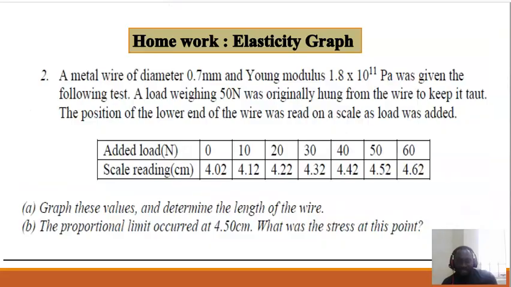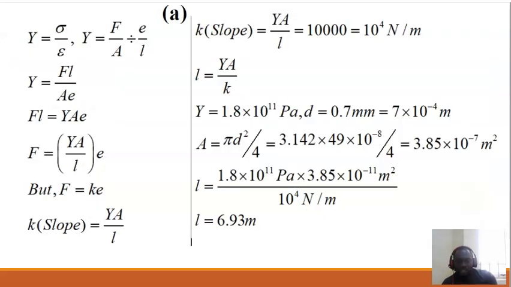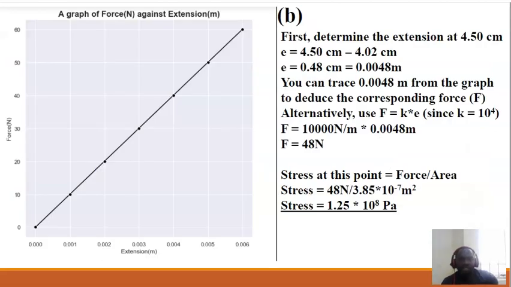Now the B part. We have to find, if the proportional limit occurred at 4.50 centimeter, what is the stress at this point? So what is this question telling us? This question is telling us that we want to determine the stress at that point.